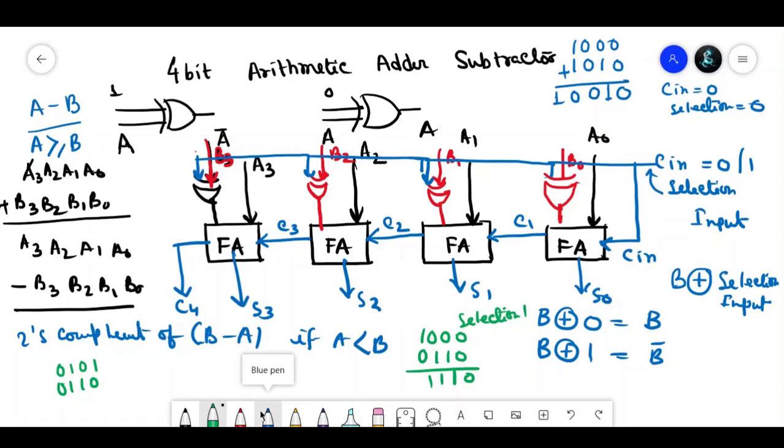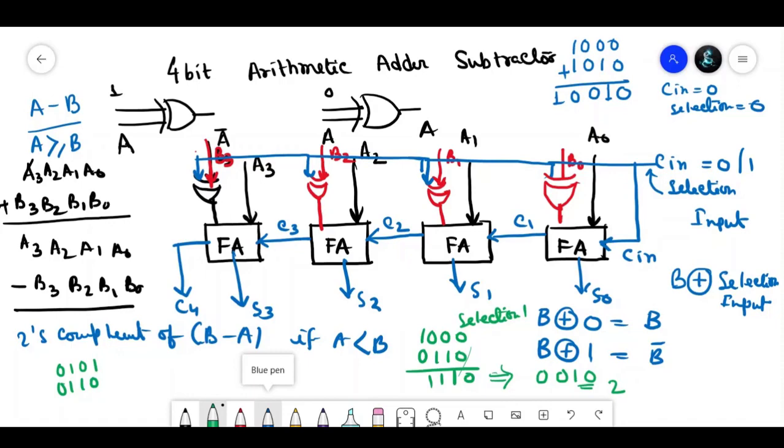Okay, so basically what is the number? This is 10 and this is 8 in decimal. So when we perform 8 minus 10, we are doing just nothing but 8 minus 10. If we get the 2's complement of the result, we will get 0 0 1 0, that is actually 2.